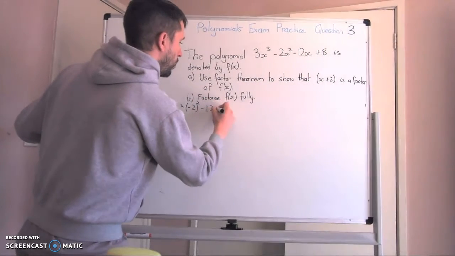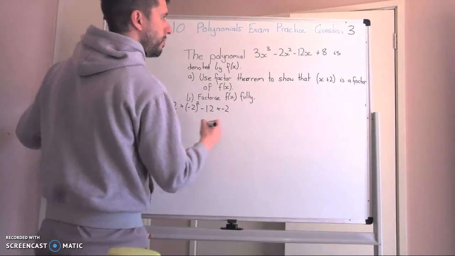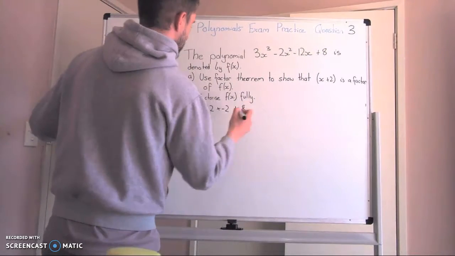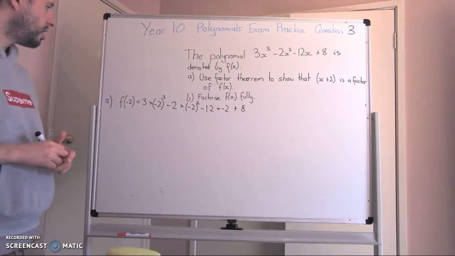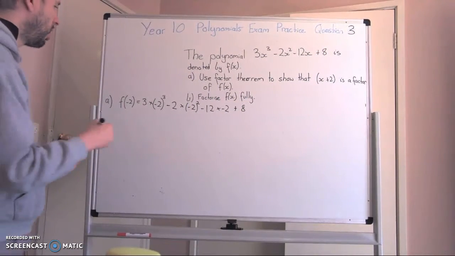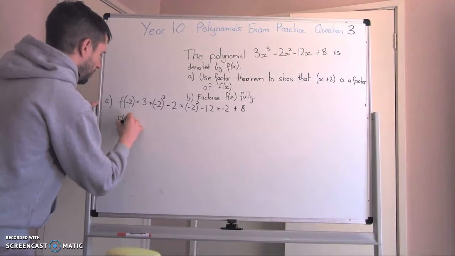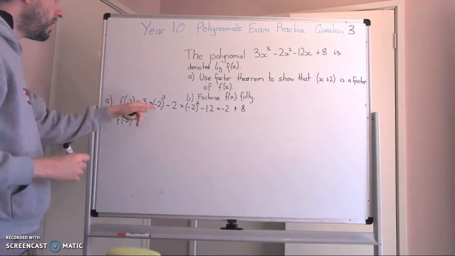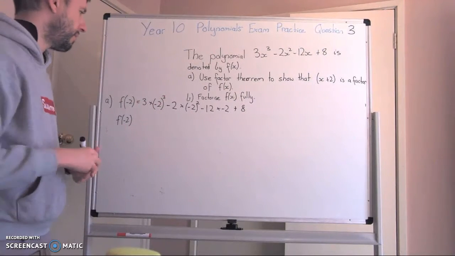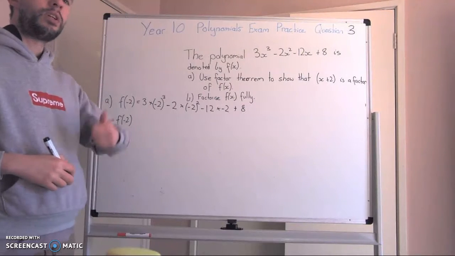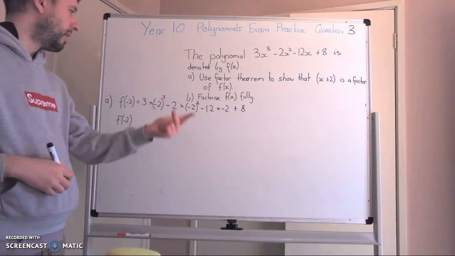Take away 12 times negative 2 plus 8. So the next thing we need to do is slowly work through this. So negative 2 to the power of 3 is negative 2 times negative 2 times negative 2.